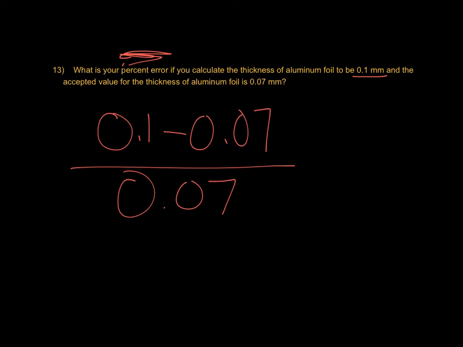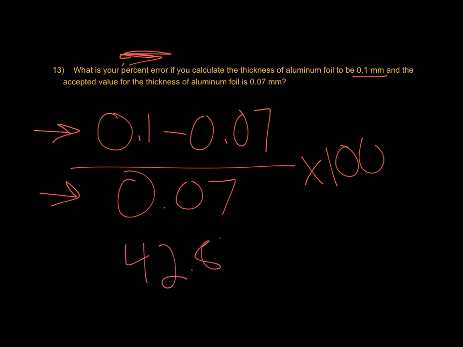You take the number of points that you missed, in this case, and divide it by the total possible points, and that'll tell you the percent you got wrong, and then you have to multiply it by 100 to make it a percentage. And when you do that out, you get 42.857%, which, since these are both one-digit numbers, we can round that to 40%.